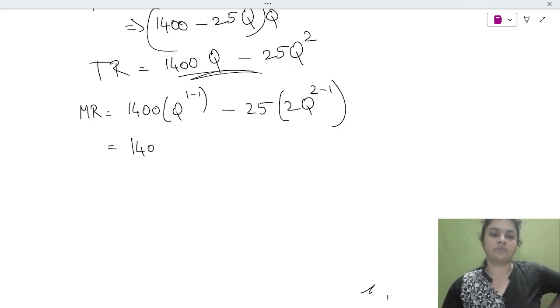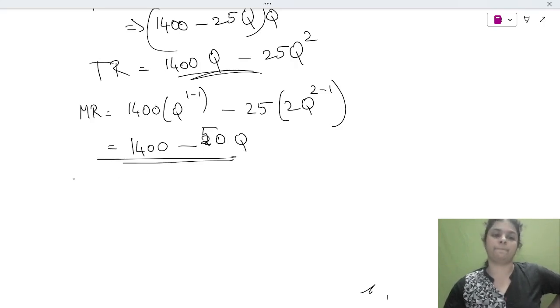So 1400 into Q power 0 is 1400, minus 25 into 2Q, which is 50Q. So this is the marginal revenue function.